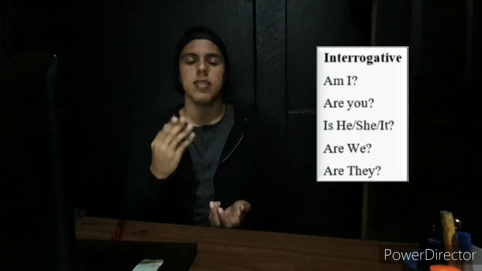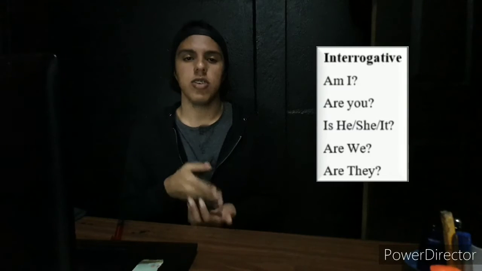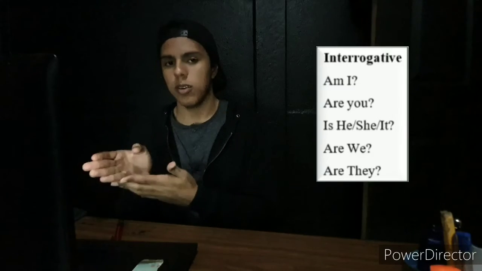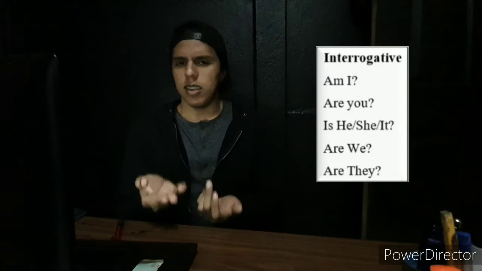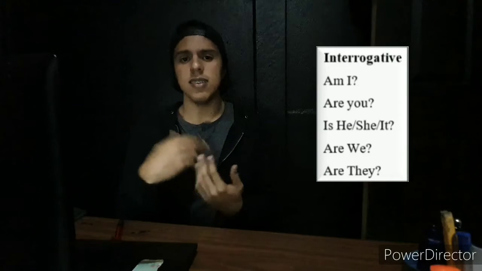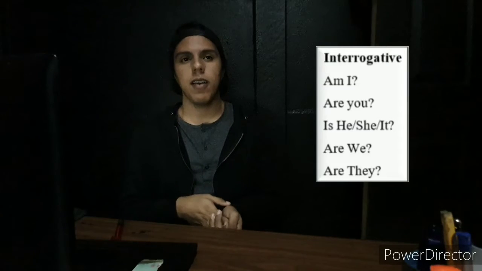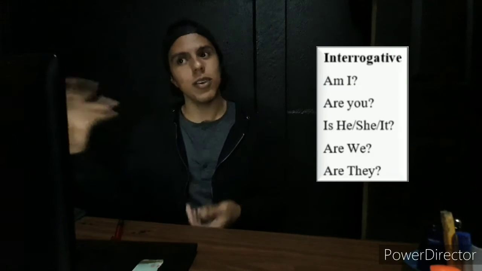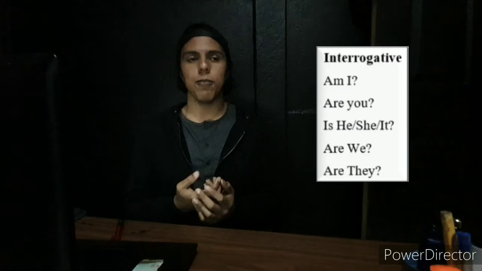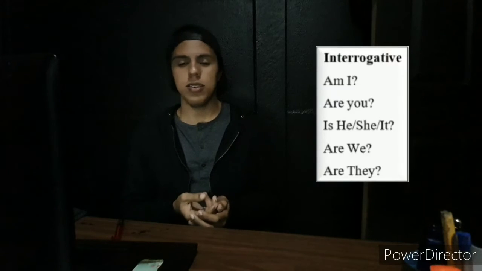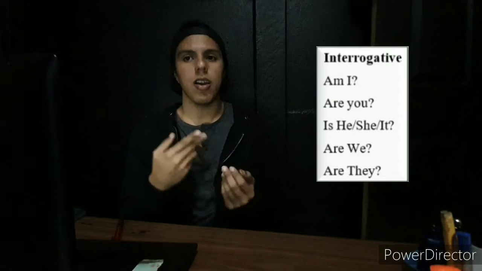He, she, or it is: is he? Is she? Is it? Right? Are we going to go there? Are they going there? It is pretty easy. We just have to switch the position of the subject and the verb, right?